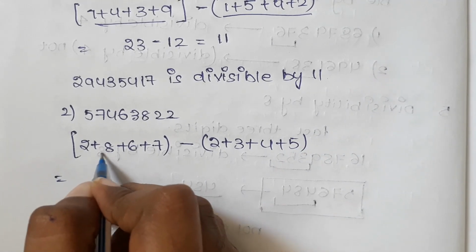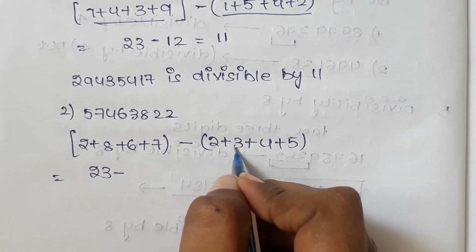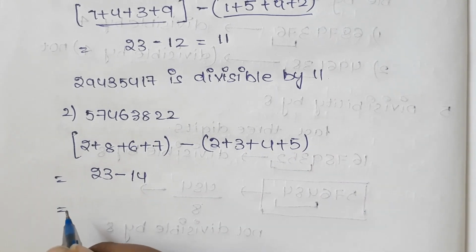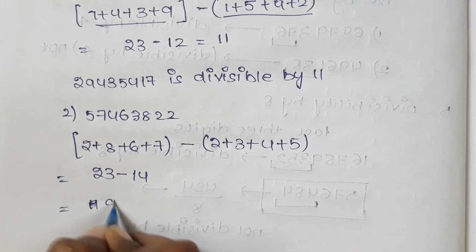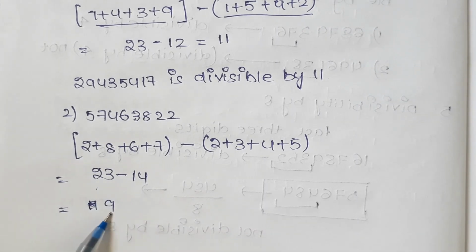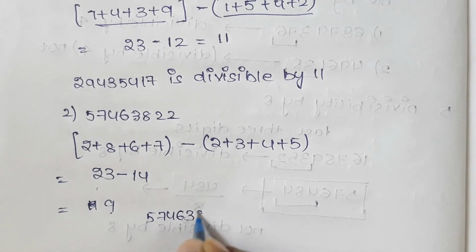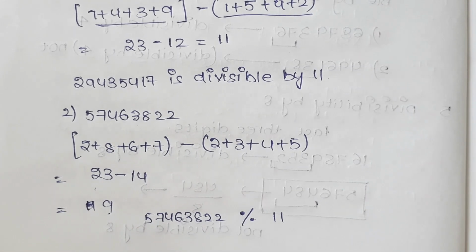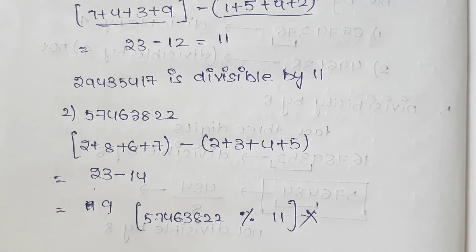Here 2 plus 8 is 10, 10 plus 6 is 16, plus 7 is 23. Minus 2, 3, 5, 5 plus 5 is 10, 10 plus 4 is 14, and 23 minus 14 is, sorry, 9. Here 9 is not divisible by 11. So the given number 57463822 is not divisible by 11. And this is about the divisibility of 11.